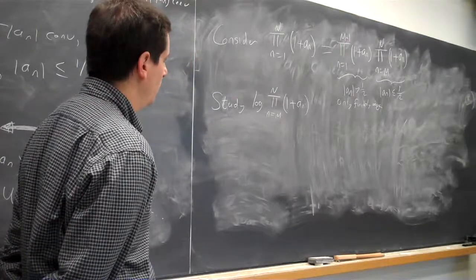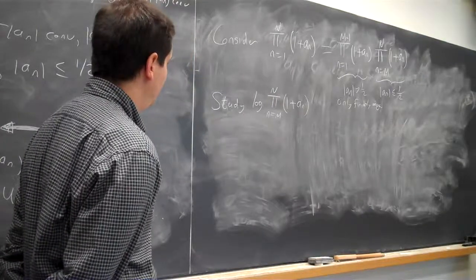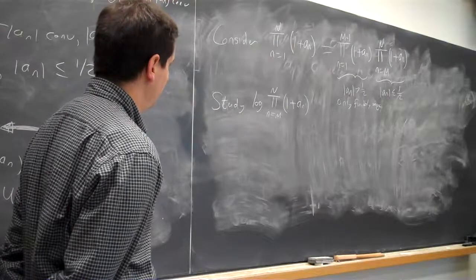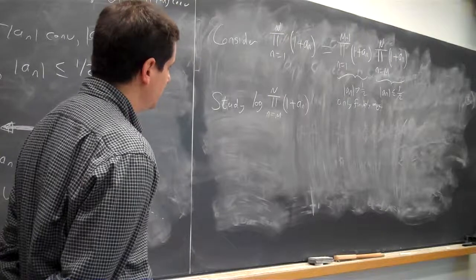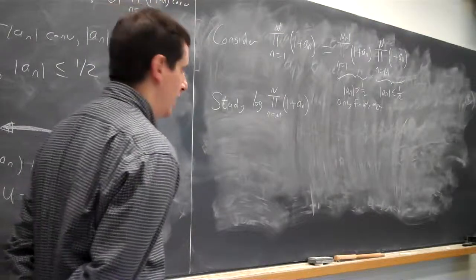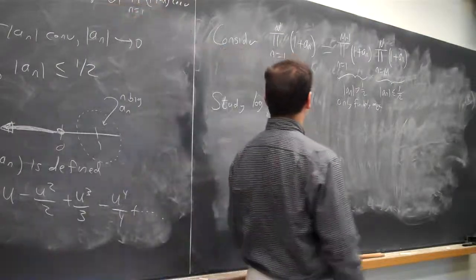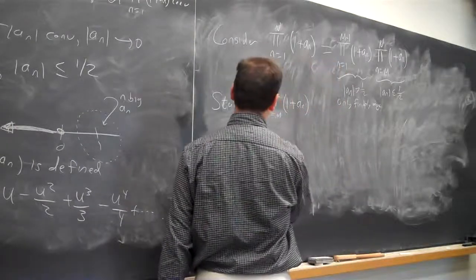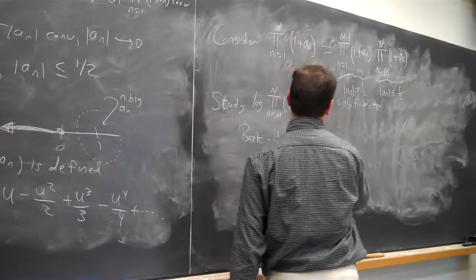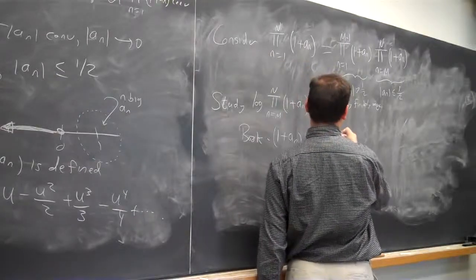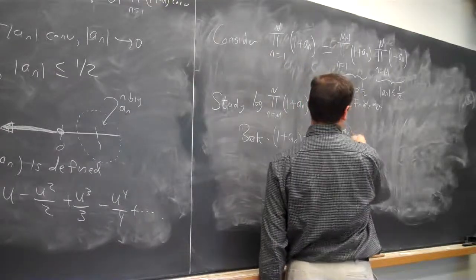So there's lots of different ways of doing this. And so one way to do it, the book does it by using exponentials and writes 1 plus an as the exponential of the log of 1 plus an.